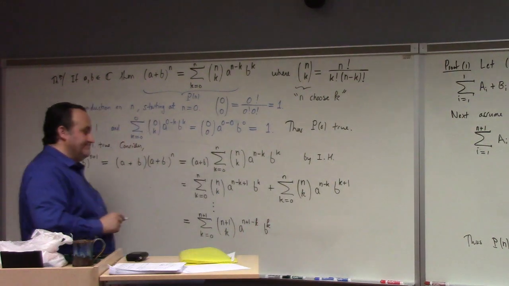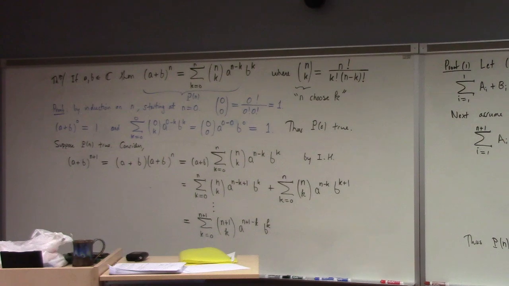All right? And because I'm arguing that we can in fact supply those dot dot dots, it can be done. This shows that n implies n plus 1. Therefore, by proof by mathematical induction, the binomial theorem is true.